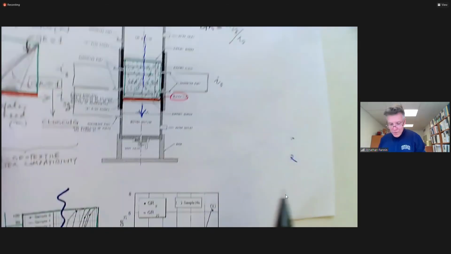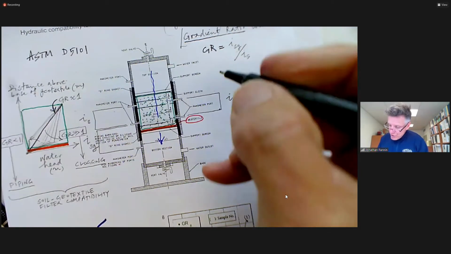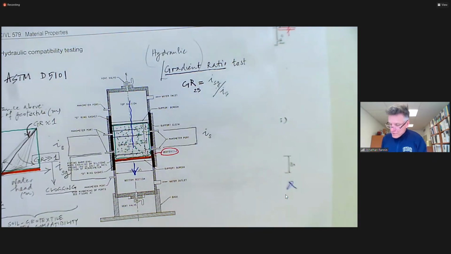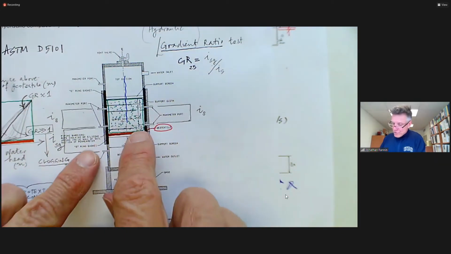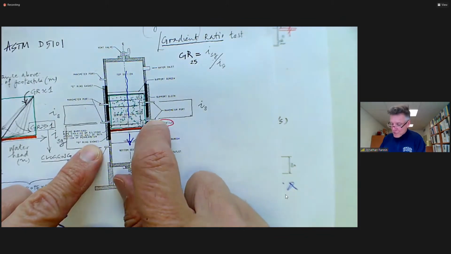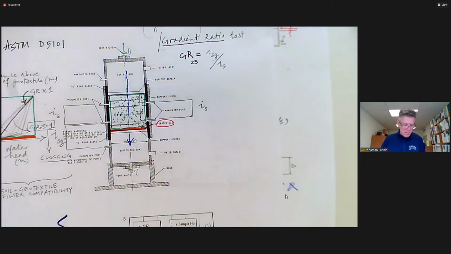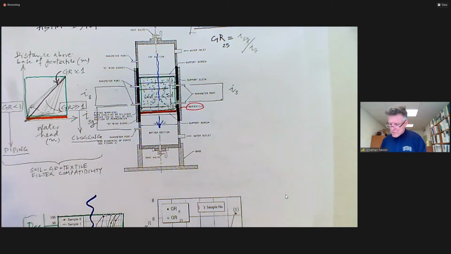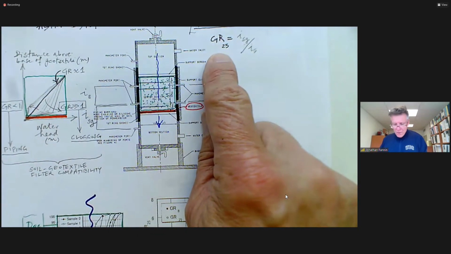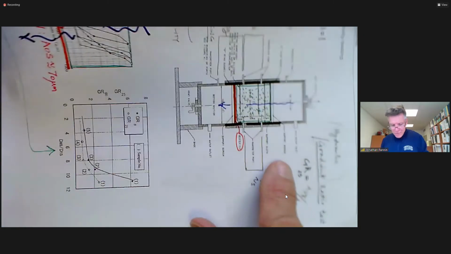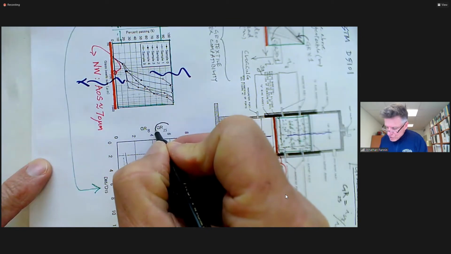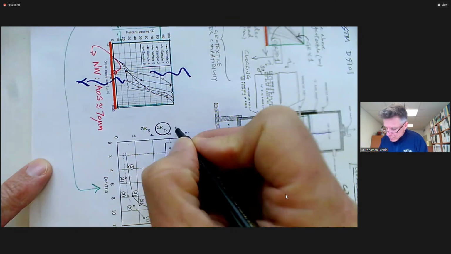So we can go in and label GR25 is the gradient ratio if the soil geotextile composite zone is measured at a distance of 1 inch. And that has changed a little bit in standards, and we won't worry about those details. Point being, we can take this GR25 and acknowledge it's really just a gradient ratio.